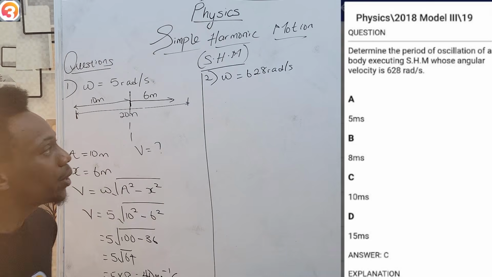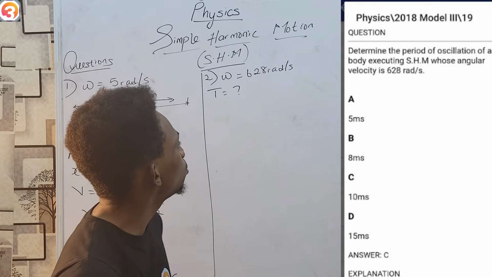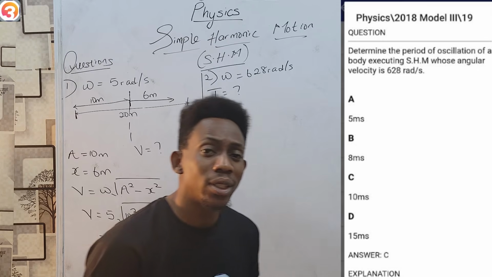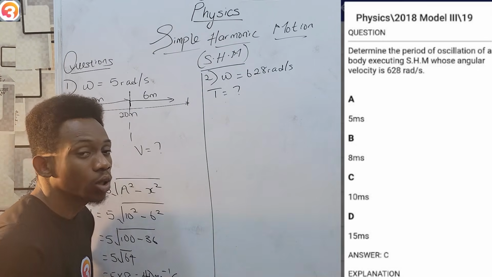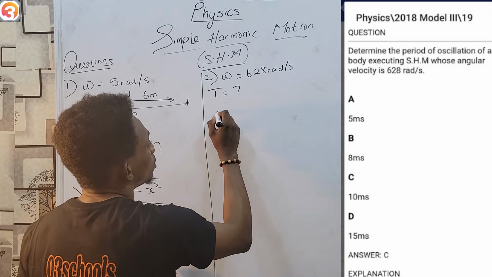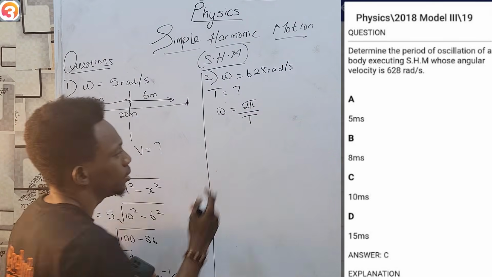We have to determine the period of oscillation. Now, based on what I know, omega and T, I have to ask myself, is there any formula that relates omega and T together? And I should remember that angular velocity is 2 pi over T.